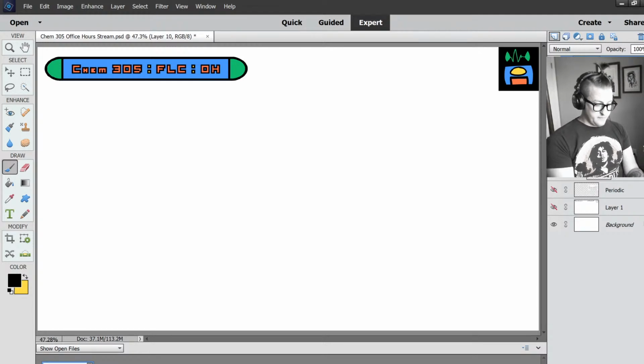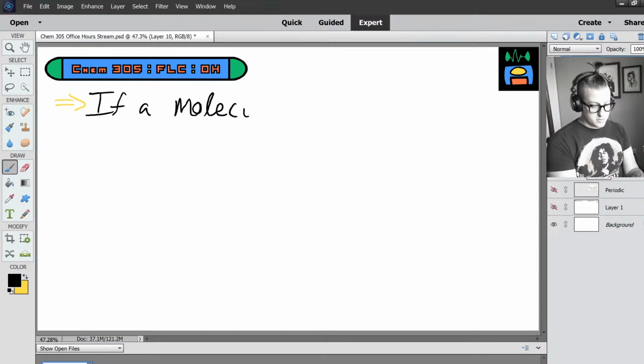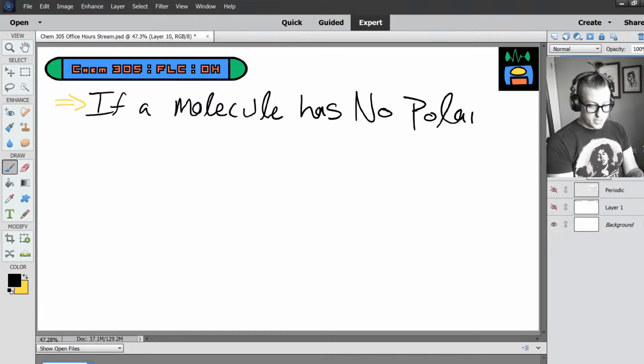So first off, the first thing to note is if a molecule has no polar bonds, then it is nonpolar.